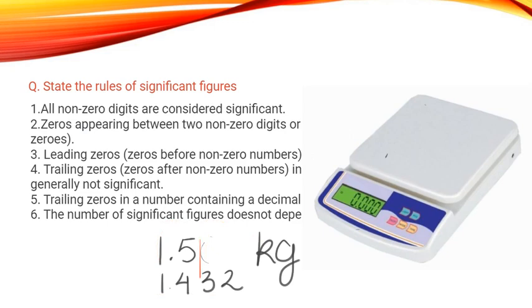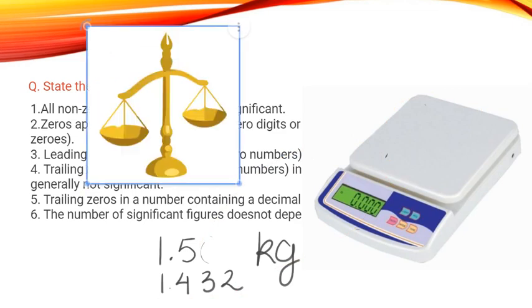Now are they equal? No. So how can you know they are not equal? When you measure it in such a weighing machine, it will show you the value 1.432 kgs. But when you measure such sugar in your weighing machines like this one, in that case they will be almost equal.